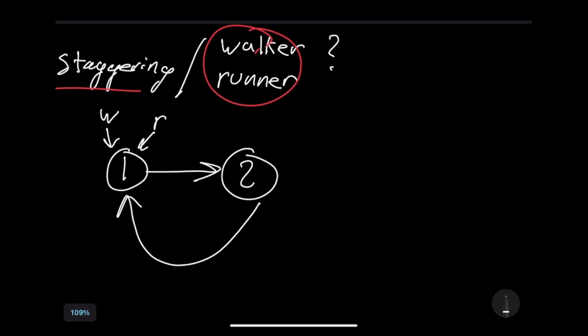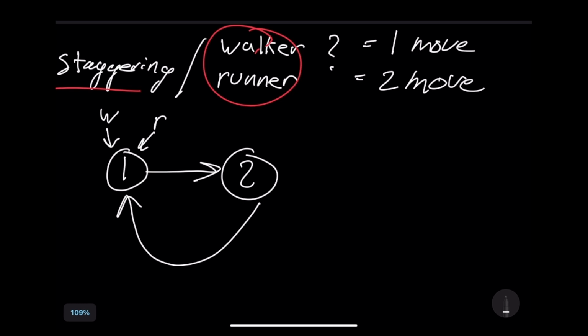But what I'm thinking is the walker moves once per iteration, but the runner moves twice per iteration. So the walker's going slowly, the runner's going more quickly. If they ever meet each other, I argue, we have a loop.